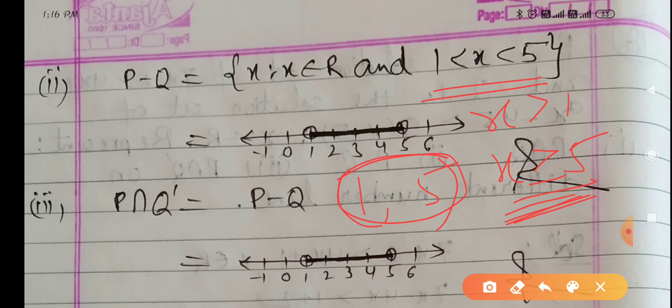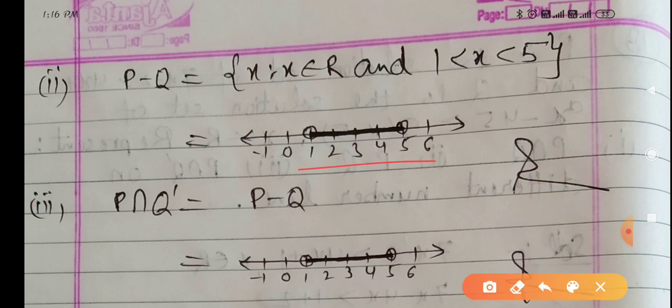So that's why I have written from 1 to 5 is the portion which is not in Q. Now you make the number line from 1 to 5, at 1 hollow circle, at 5 also, because the equal to sign is not there. 1 is not included in the first inequation and 5 is included in the second equation, but we have to take the portion which is not included. 5 is the value of Q but not of P. So that's why we have to take the portion of P, less than 5.